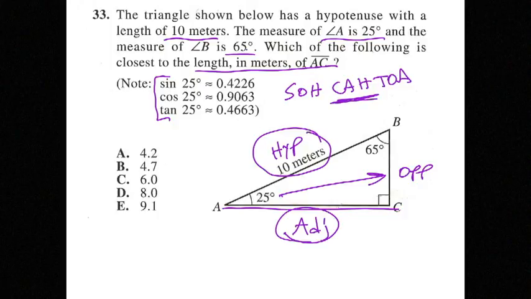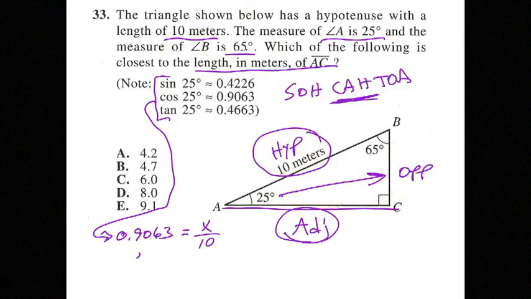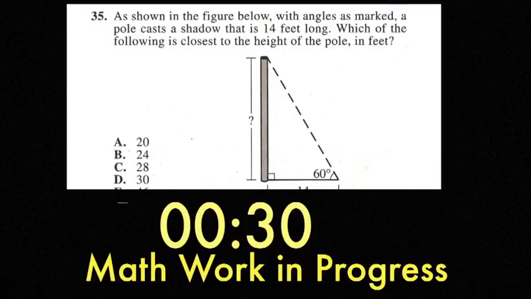So now what I'll do is set this up and say that the cosine of 25, which is 0.9063, I'm just using their number and plugging it in, is equal to adjacent, which is x, over 10. Now we just multiply both sides by 10, and I get 9.063 equals x, which is equal to 9.1, making E the answer to 33.